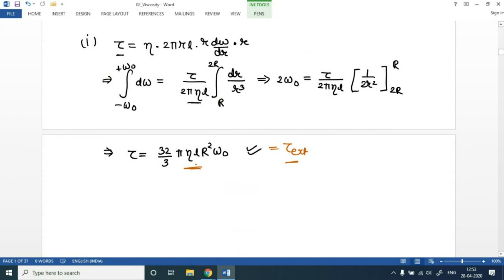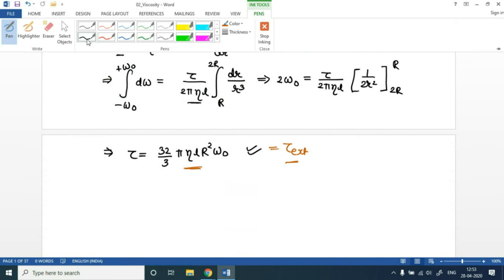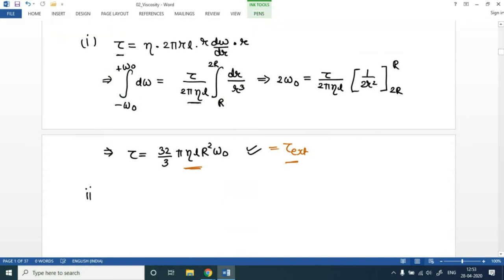And now we are required to find out the angular velocity as a function of time. So in order to find the angular velocity as a function of position, we are going to use the same differential equation, and one limit we already know, the value of torque we already know. The upper limit we will be taking as omega at r.